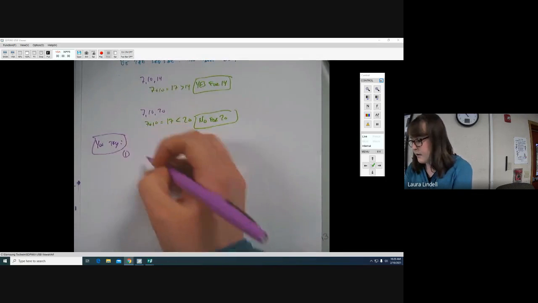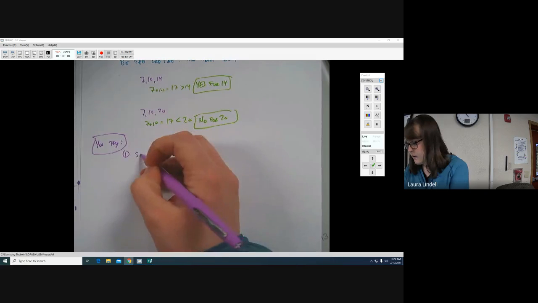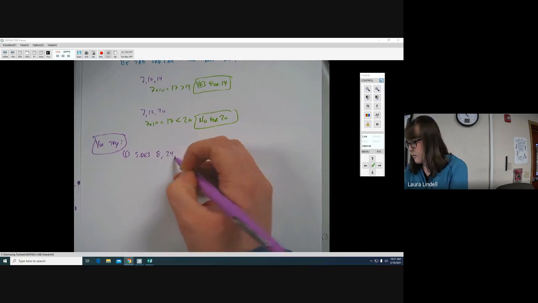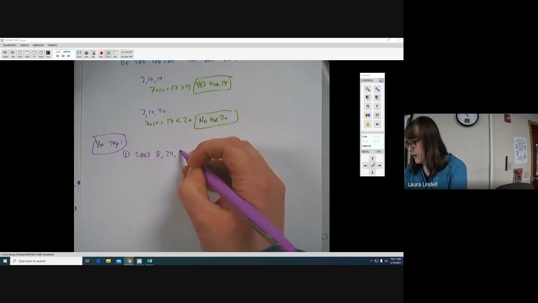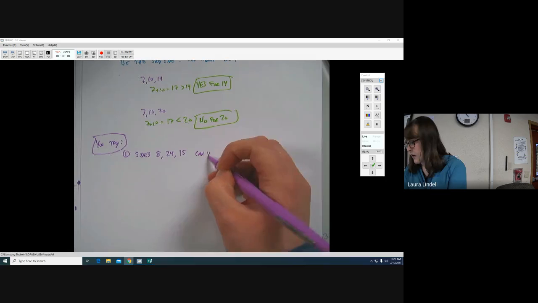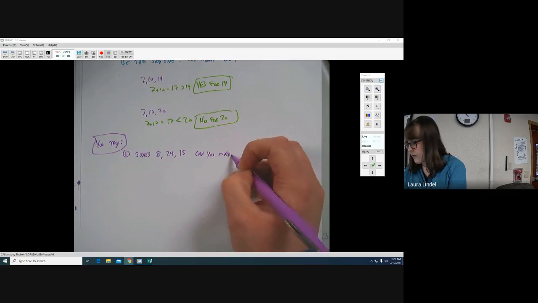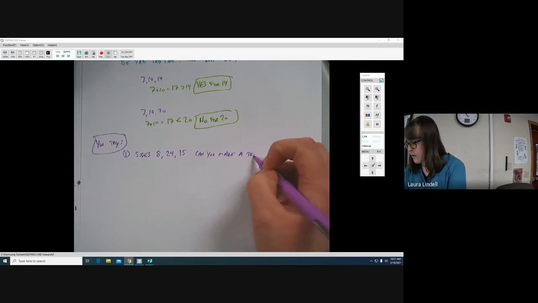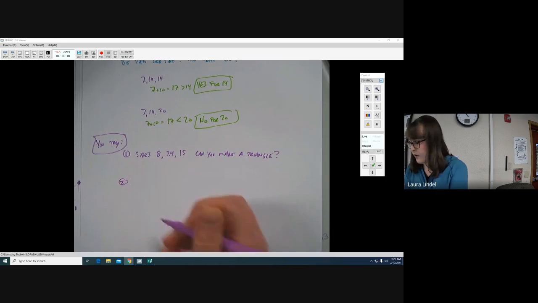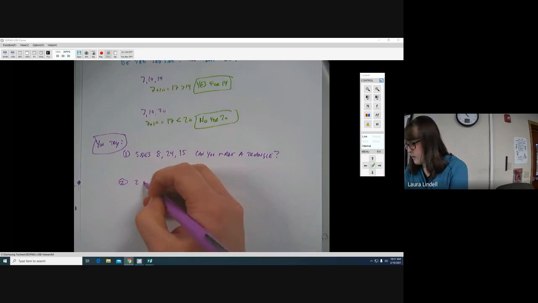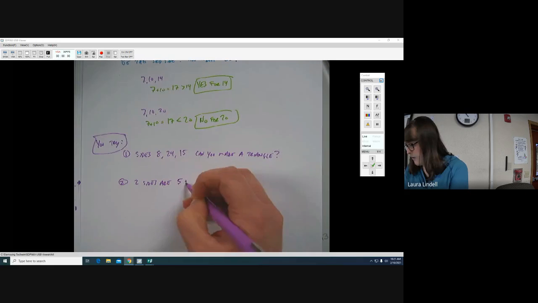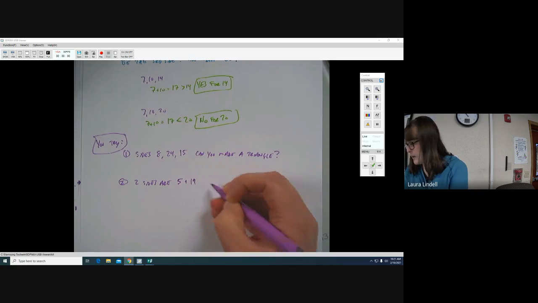First one. The sides are 8, 24, and 15. And you make a triangle. And then the second one. Two sides are 5 and 19.